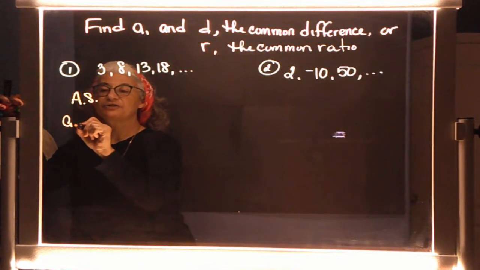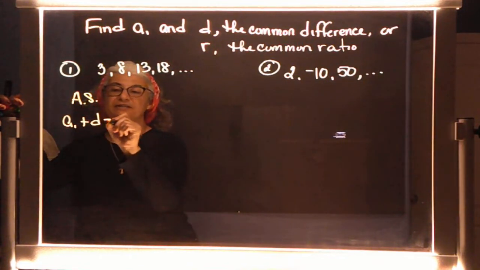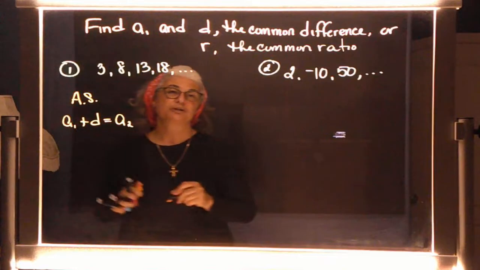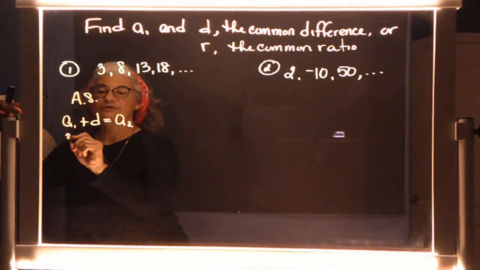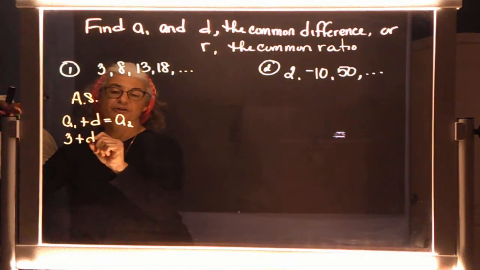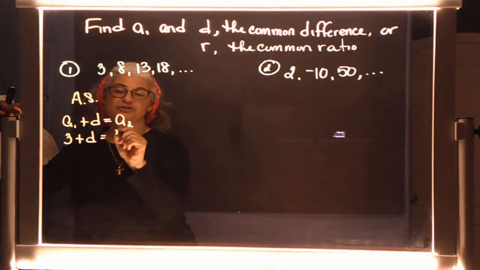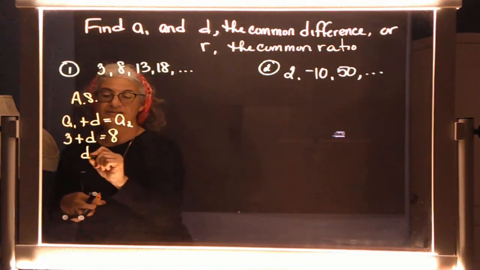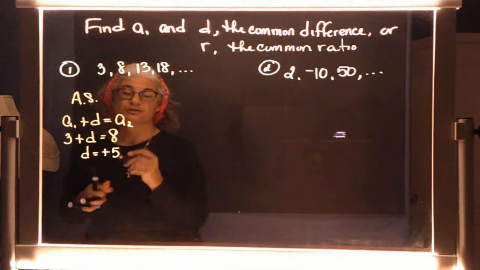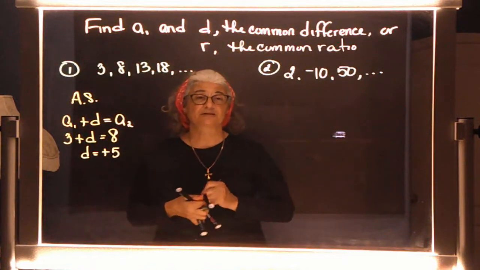If I take the first term and add that common difference, I should get the second term, shouldn't I? In this case the first term is 3. I don't know what the common difference is yet, and it should equal the second term, correct? Which means the common difference here would be a positive 5, wouldn't it? If it was an arithmetic sequence, agreed?